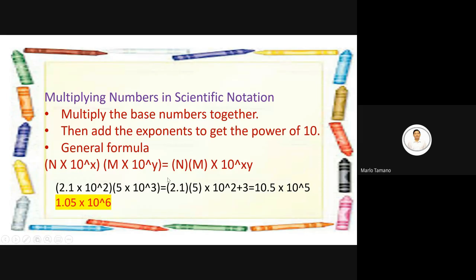N times 10 to the x times m times 10 to the y. So the product is n times m is nm times 10, then we have here x, then we have y. Okay?